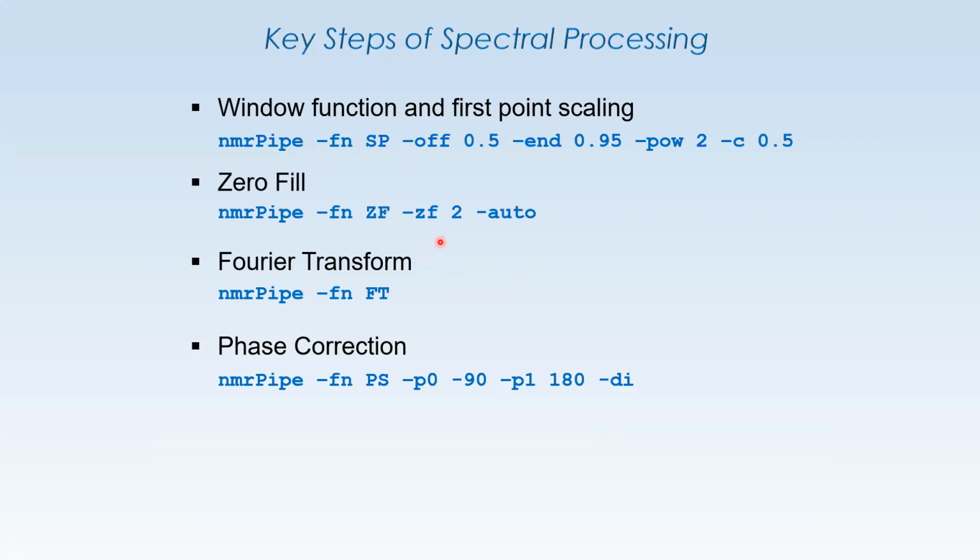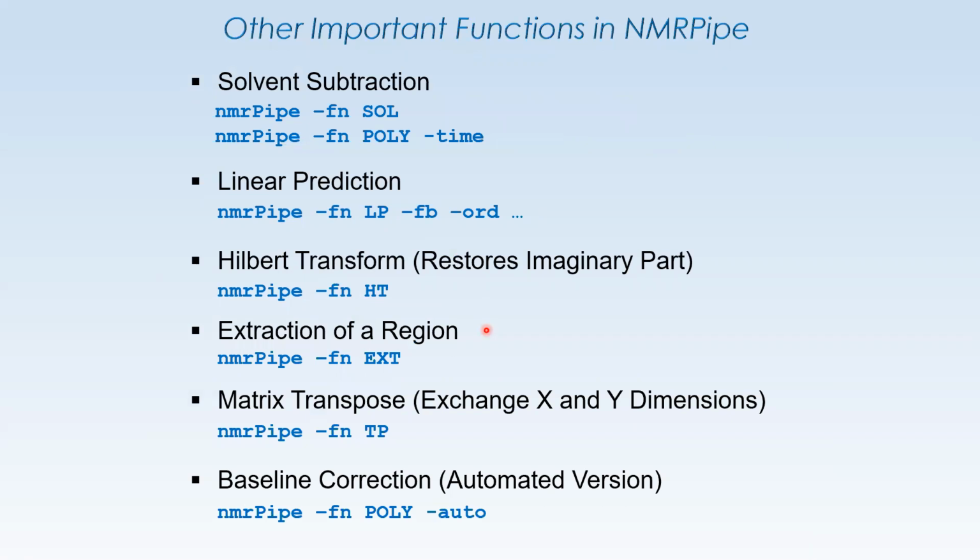SP is a window function, ZF is a zero fill, FT is a Fourier transform, PS is a phase correction. And along with each of these functions, we generally have one or more command line arguments that say specifically what the function should do. So for example, for phase correction, we have command line arguments for the zero and first order phase corrections. And there are numerous processing functions like this.